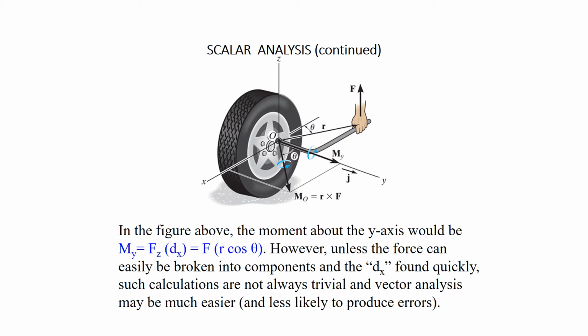In a scalar analysis of calculating the moments about an axis, we would consider this application, trying to loosen the nut on a flat tire. We might apply a vertical load F to our wrench and want to know how much of it's effective. Not all of it. We know how to calculate the moments due to F about the point O, but what we'd like to know now is how much of the moment that we create is actually in the direction that helps.